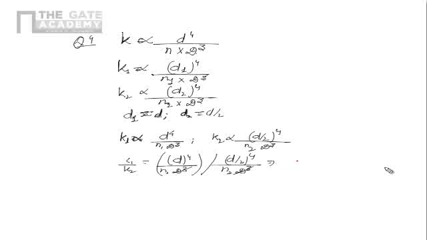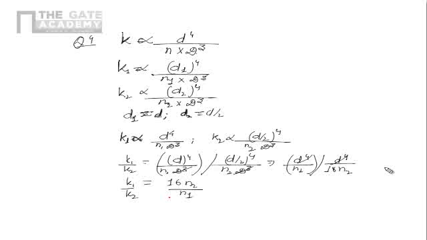So this becomes d to power 4 by n1 divided by d to power 4 upon 16 n2. We can also cancel out d to power 4, so that K1 upon K2 becomes 16 n2 by n1, where n2 by n1 is the ratio of the number of coils.